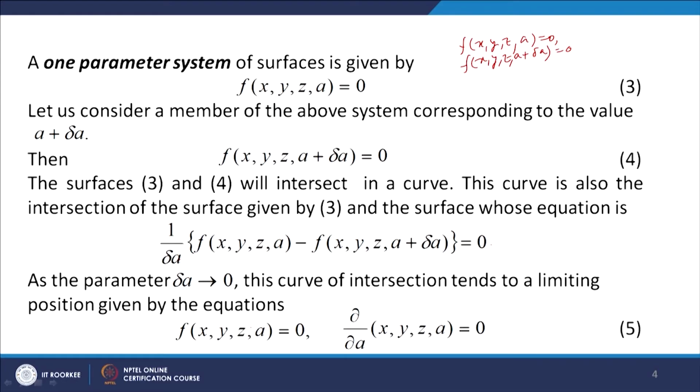When delta a goes to 0, [f(x, y, z, a) - f(x, y, z, a + delta a)]/delta a will tend to the partial derivative of f with respect to a. So, the curve of intersection tends to a limiting position, which is given by equation 3, that is f(x, y, z, a) = 0, and the equation partial derivative of f(x, y, z, a) with respect to a equal to 0.